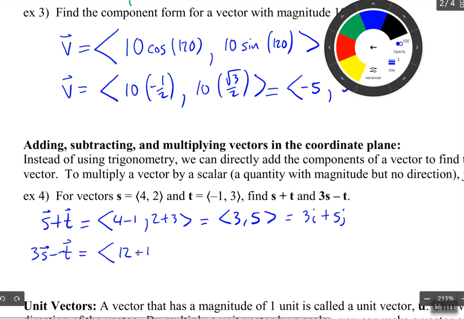Then I'm going to do 3 times the y, which is 6, and then I'm going to subtract t's y, which is 3.